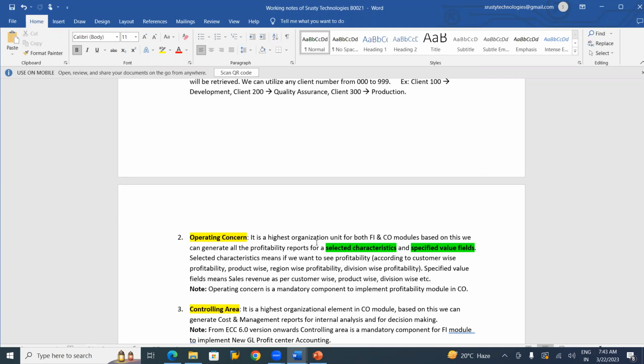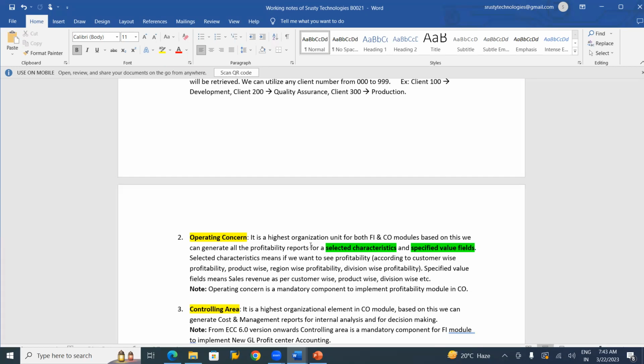That is the reason we have a number of opportunities for FICO finance modules, because the basic configurations are performed in FICO. So it is the highest organizational unit for both FI and CO modules.